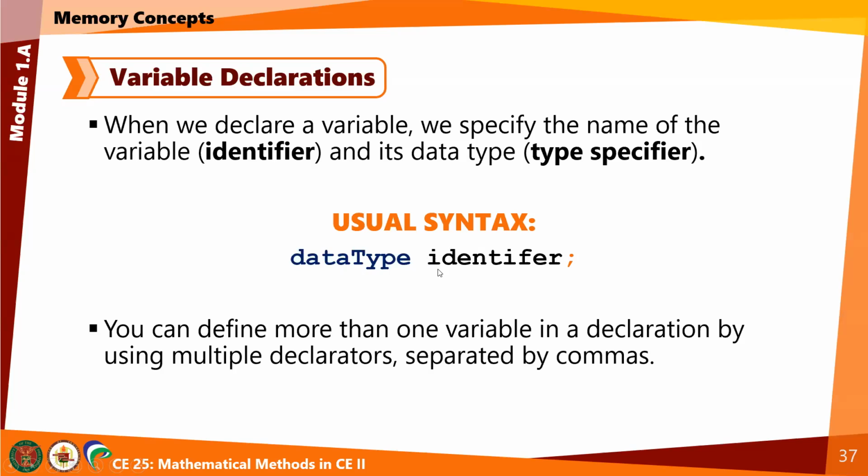So ano yung example niyan? Yung example kanina, meron tayong int num, di ba? Int is a data type and the identifier is num. You can also define more than one variable, just separate them by comma. Don't forget the semicolon. So this is the data type, these are the variables, the identifiers.